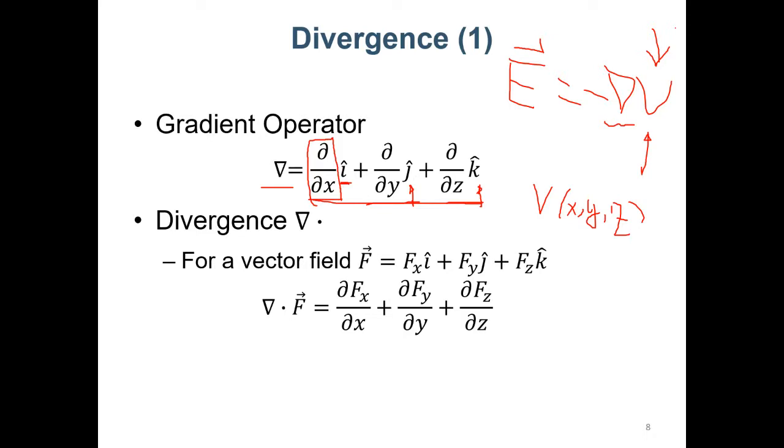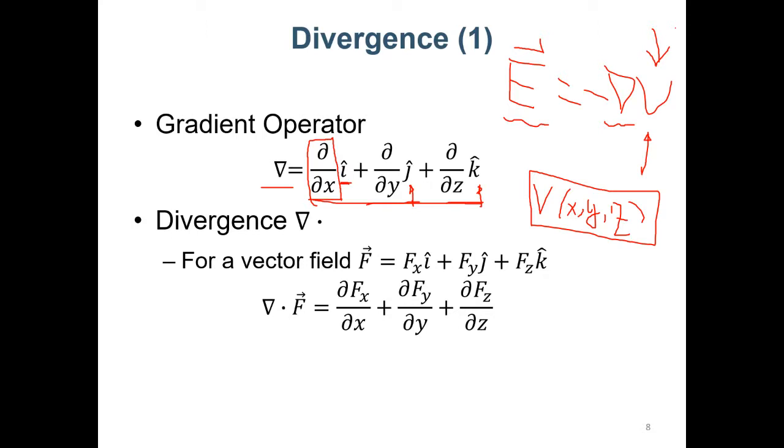So if we have full knowledge of the electric potential in space, then you take the gradient and multiply by -1, and then you know the E field in space.